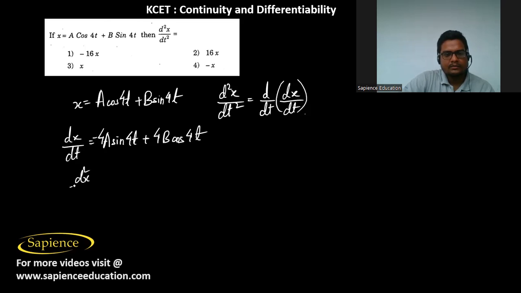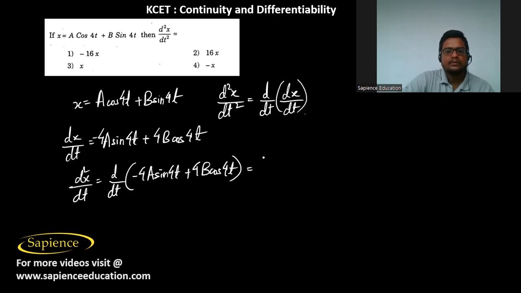Then d square x by dt square will be d by dt of minus 4a sine 4t plus 4b cos 4t. So this will be minus 16a cos 4t, then minus 16b sine 4t.